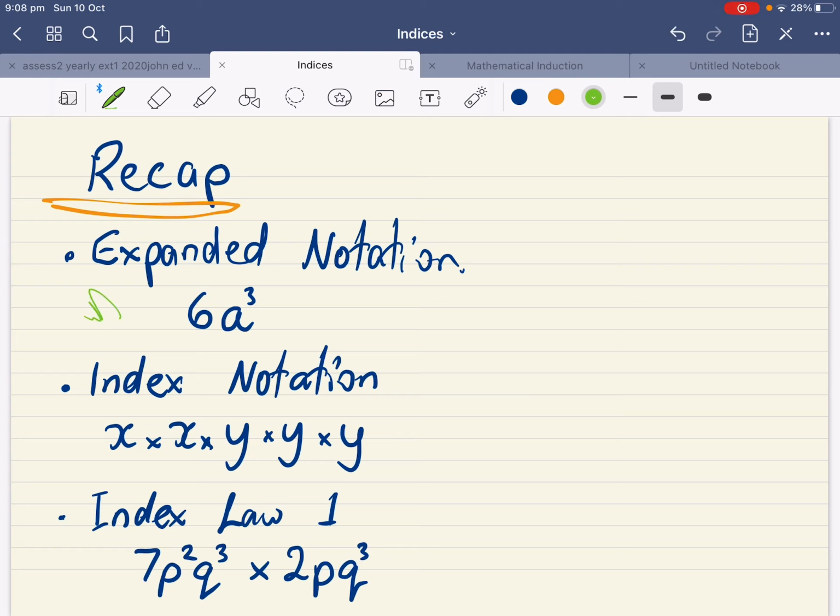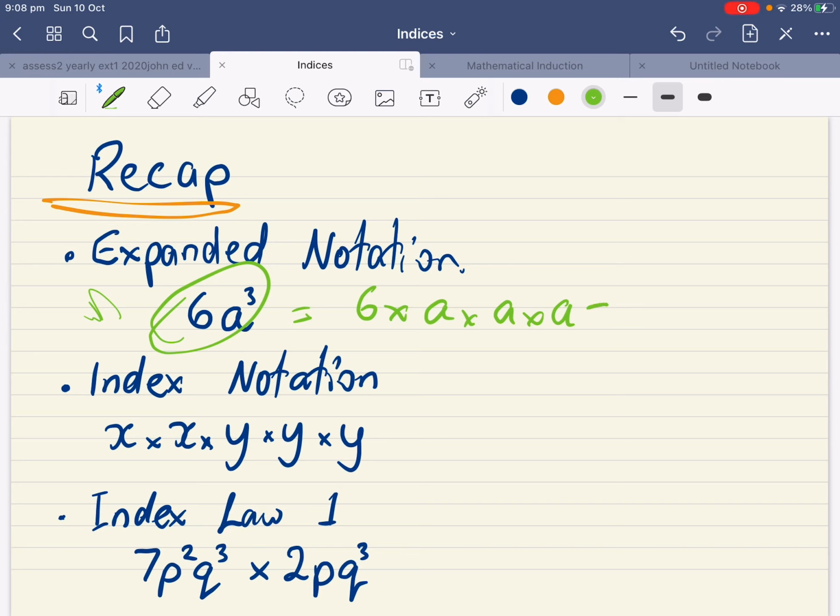Okay, now we're good. All right, so if we look at this first one here, we have 6a cubed, and we're going to write this out in expanded notation. So what does that mean? Well, you got 6 times, what is a cubed? That's just a times a times a. There's 6a cubed. That's expanded notation.